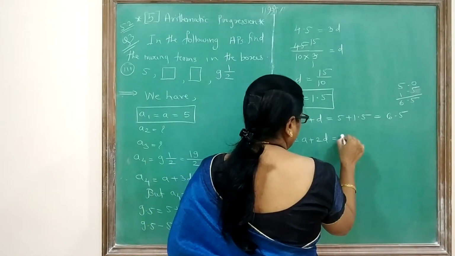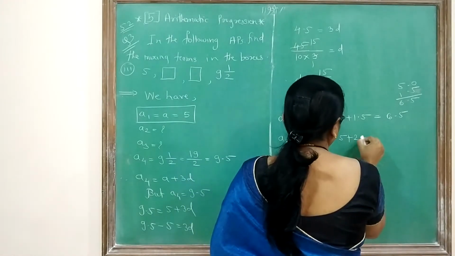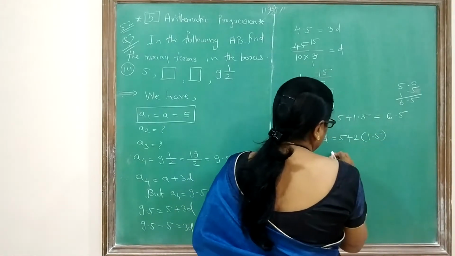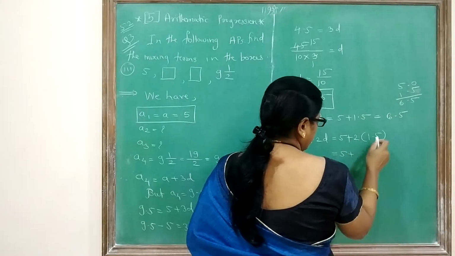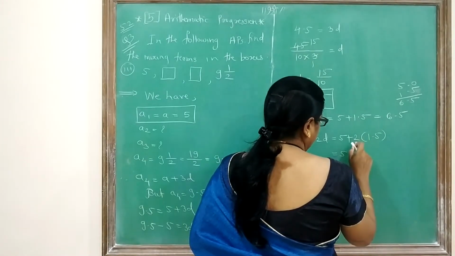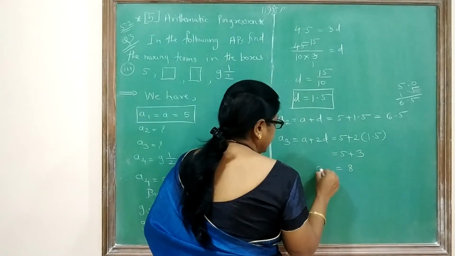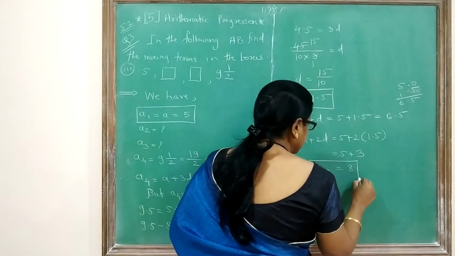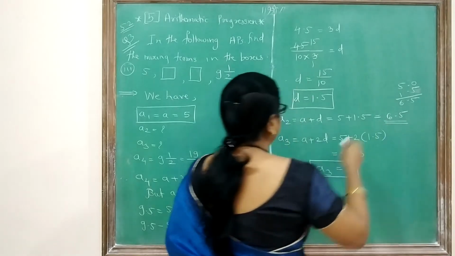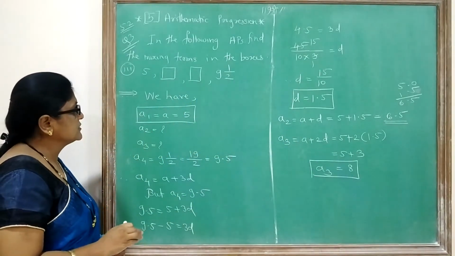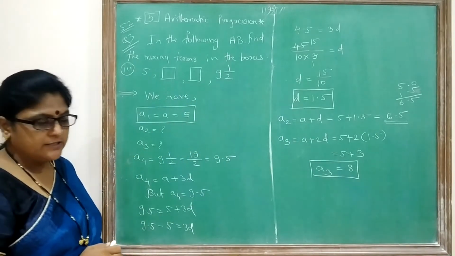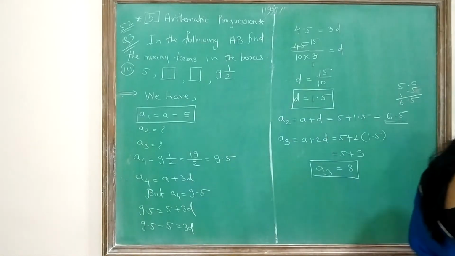Then you will put 5 plus 2 into 1.5. Then 2 1.5s is 3, so 5 plus 3 you will get 8. Then your A3 value is 8. And your A2 and A3 values are 6.5, 8. Then see the next example.